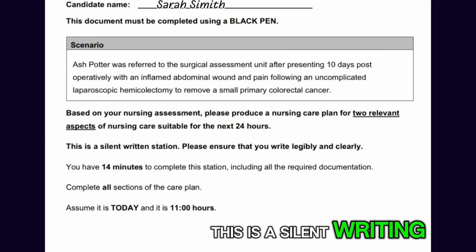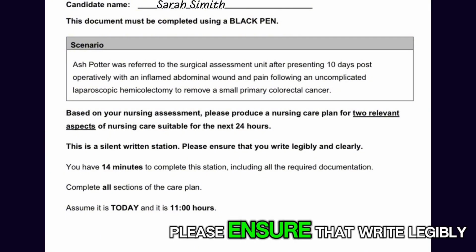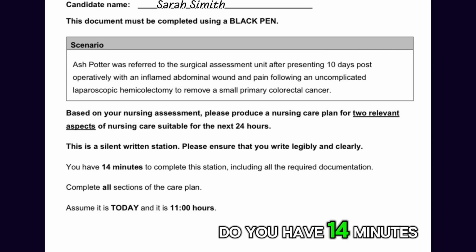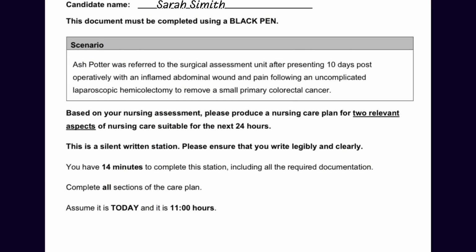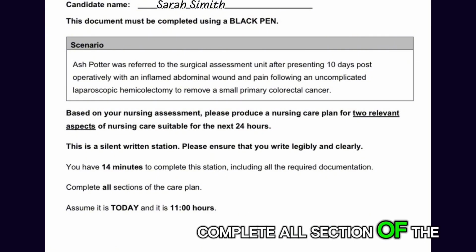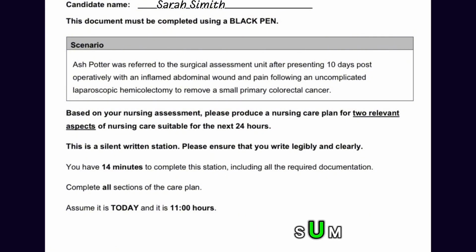This is a silent writing station. Please ensure that you write legibly and clearly. You have 14 minutes to complete the station, including all the required documentation. Complete all sections of the care plan.